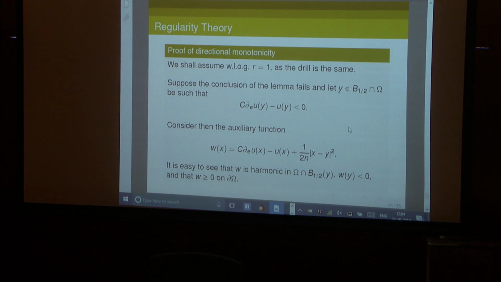So W at some z here must be negative. Anyway, the infimum there is negative, so the infimum of W on the boundary of the ball of radius 1/2, center y, is less than or equal to 0.